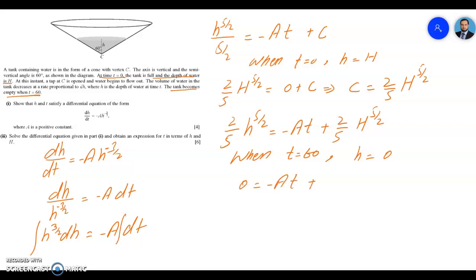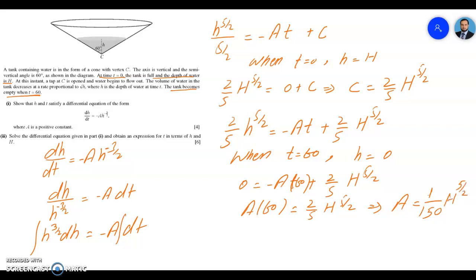So negative at plus 2 by 5 H to the power of 5 by 2, and for t we replace 60. Once we simplify this, a times 60 is equal to 2 by 5 H to the power of 5 by 2. So from here, a will be equal to 1 over 150 times H to the power of 5 by 2.